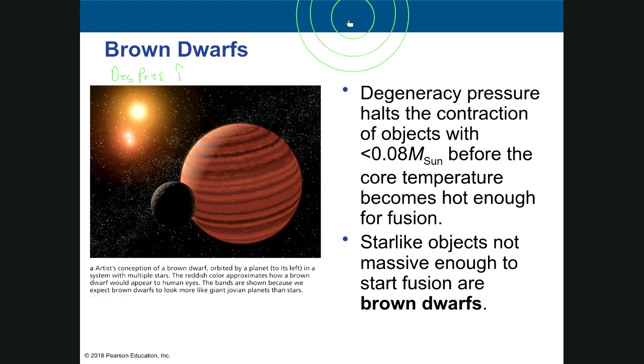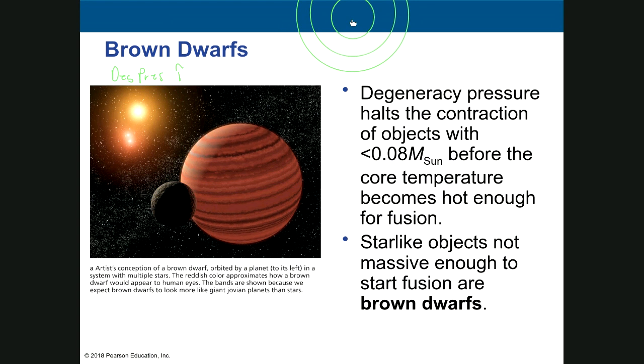These are star-like objects that are not massive enough to start fusion. They get hotter than a planet would, but you need an internal temperature of more than 10 million degrees, really more than 14 million degrees, for fusion to start in the core.